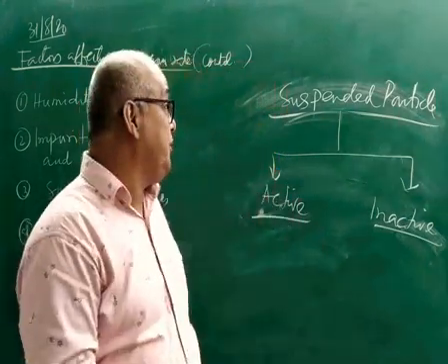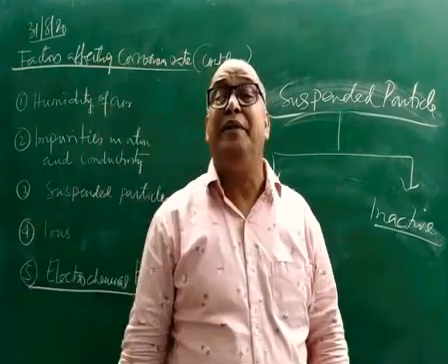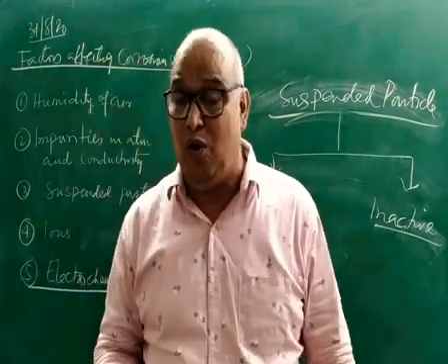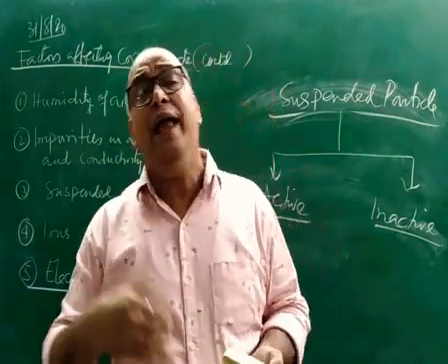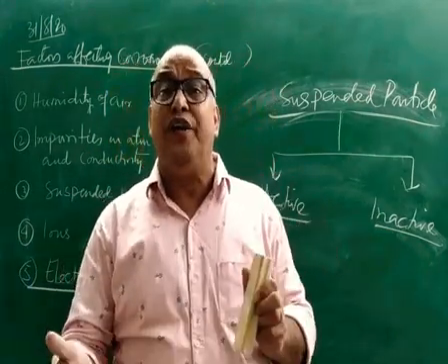But in case your suspended particle is inactive in nature, as in the case of charcoal, it will absorb sulfur gases in particular and moisture, reducing the rate of corrosion.